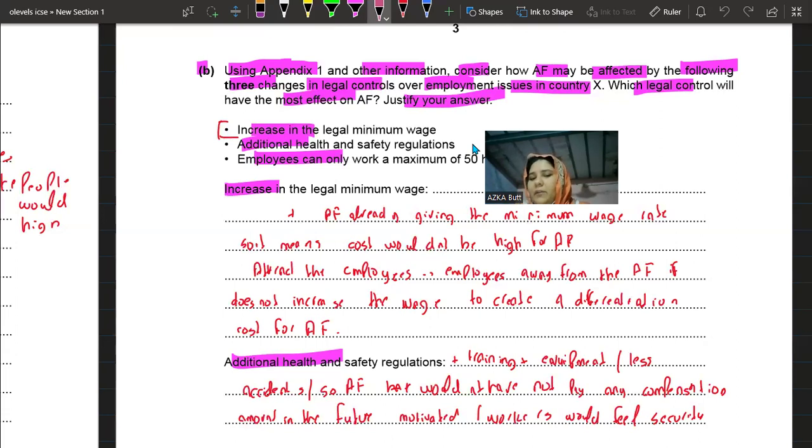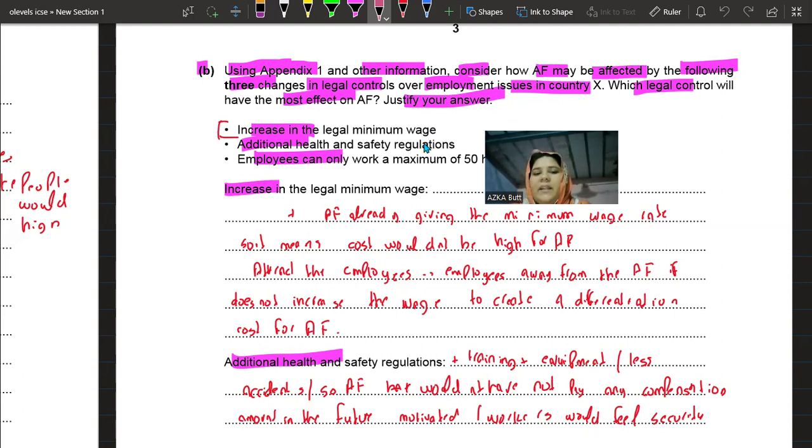So we have to discuss how, if the legal minimum wage increases, this legal control can affect AF. We have to talk in negative terms and also in positive terms. Why? Because in the end we have to make a conclusion about which of these three legal controls affected AF most. That is the reason we have to write the negative effect and also the positive effect of each legal control.